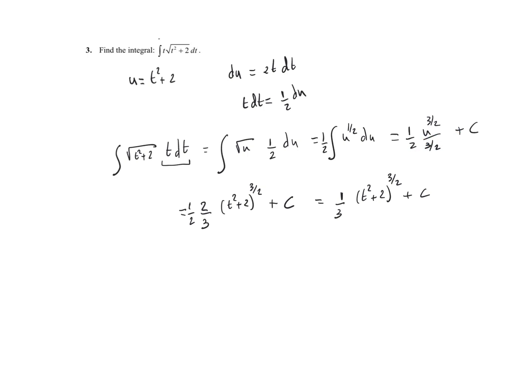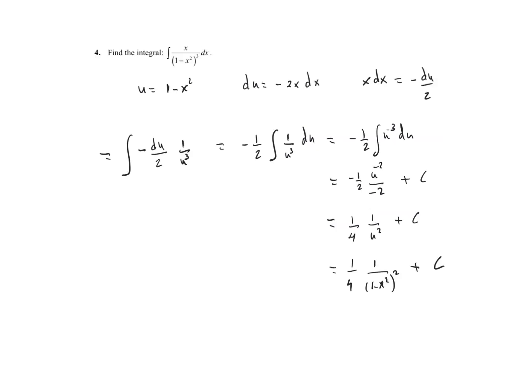The problem is finished when you substitute the value of the variable u. The value of u is t squared plus 2. So it will be 1/2 times 2/3, u to the power 3/2, which is 2/3 times (t squared plus 2) to the power 3/2 plus C. And if you cancel the 2 with the 2, it will be 1/3 times (t squared plus 2) to the power 3/2. Let's go to the next problem.